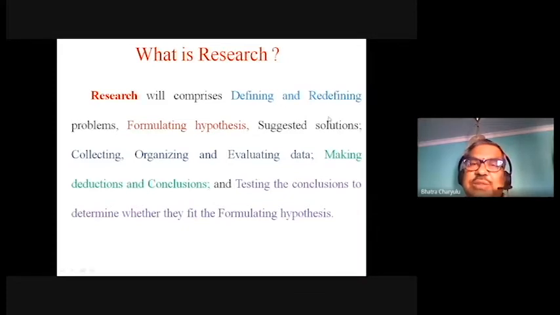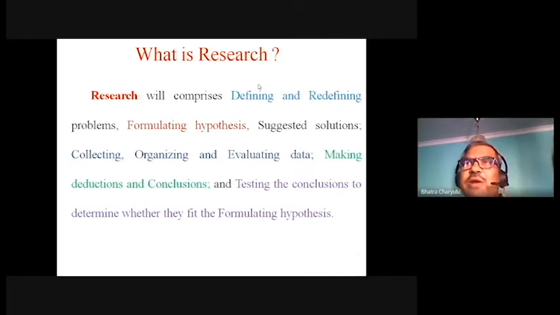So it comprises defining and redefining. Originally you have one definition, whatever the topic you are handling for the research. First you start with one pinpoint, that point that starts with a definition.